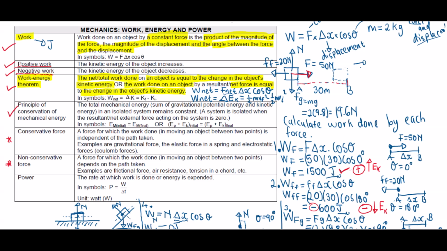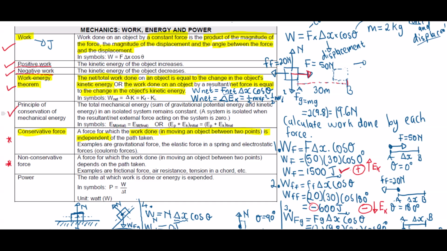However, people, if we have to look at that quickly, what is said by a conservative force is that it's a force for which the work done in moving an object between 2 points is independent. So I think people are thinking it's going to be independent.